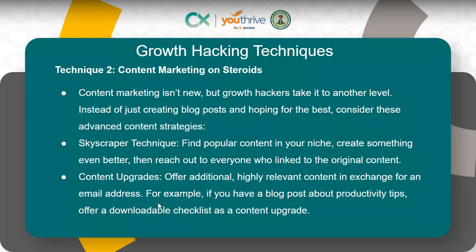For example, if you have a blog post about productivity tips, offer a downloadable checklist as a content upgrade. This is something that people do a lot. In a sense, it's all about being a thought leader in the industry your product is about, sharing tips, templates, and things that people need to know.